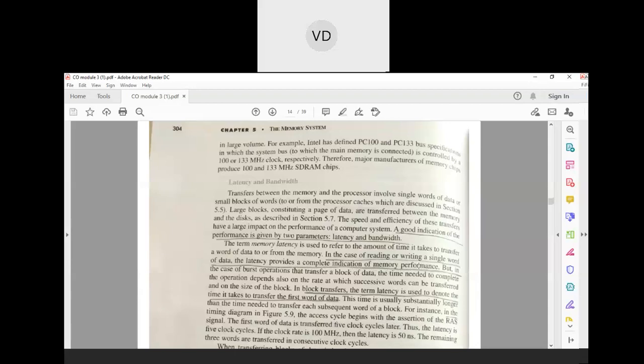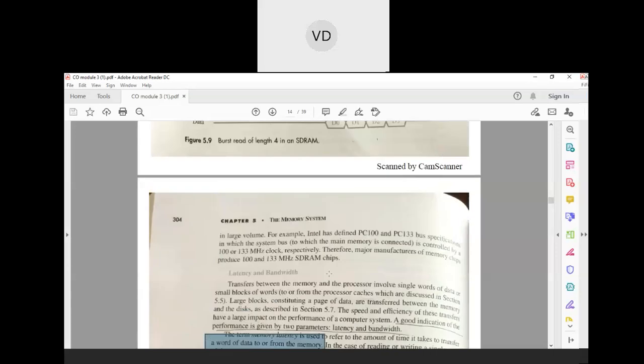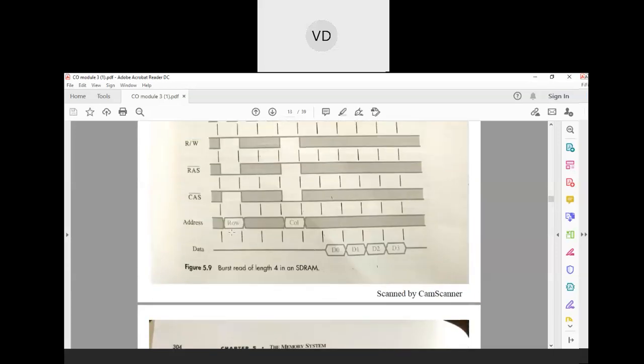It means what is the delay in transferring successive words of data, the amount of time it takes to transfer one word of data to and from the memory. How much time it is taking to transfer one word of data. Now here we have seen, even after the row address and column address are given to the system, the memory takes one cycle delay. After one cycle delay, the first block is transferred here. Is it not?